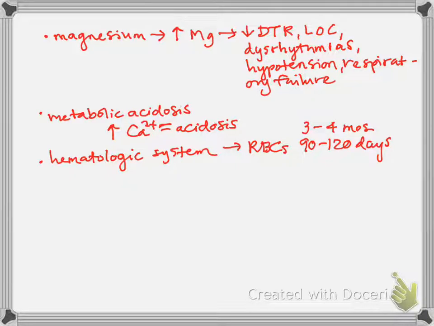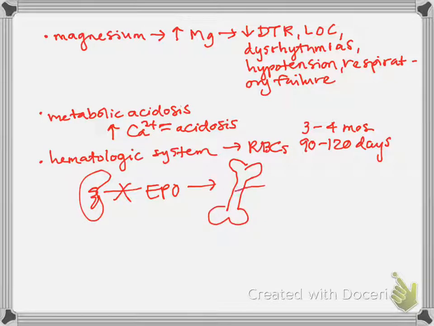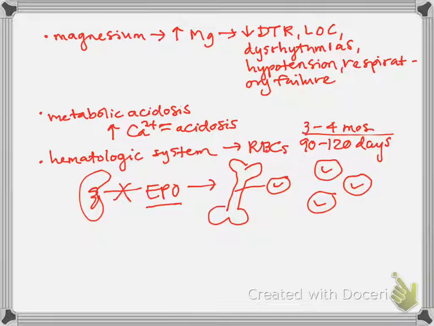The problems start occurring about 3 to 4 months into kidney disease because our kidneys are not producing EPO, or erythropoietin, that stimulates our red bone marrow to produce red blood cells. So if we already have some red blood cells living in our body and transmitting oxygen and CO2, well, they'll be okay for about 3 to 4 months, but the dysfunction with erythropoietin may be manifested after that.